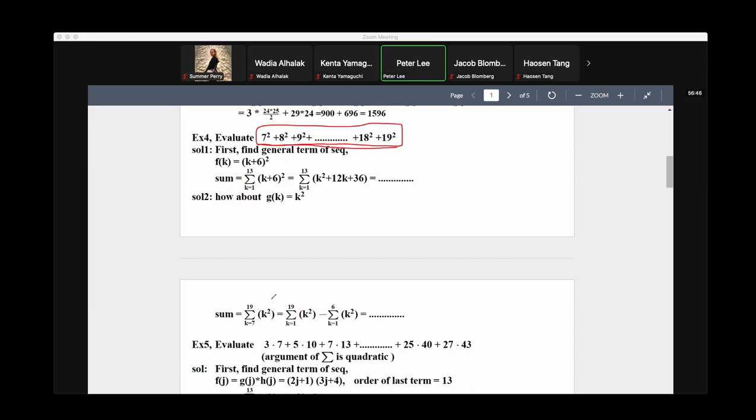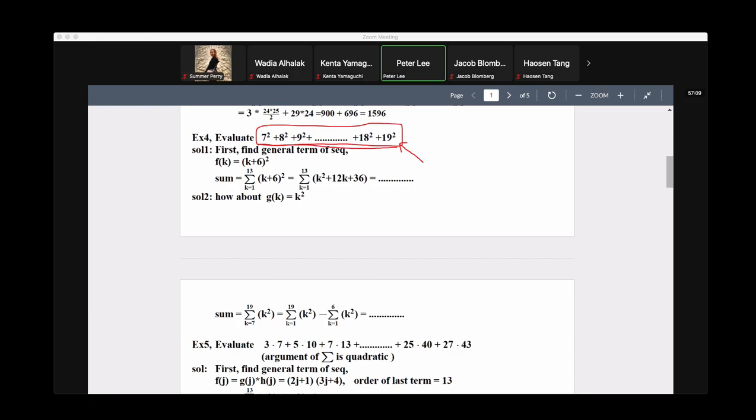If I give you this very problem, 7 squared plus 8 squared all the way to 19 squared, and you have to add all these numbers, what method do you think students will apply to actually get this sum? They will actually go from 7 squared to 19 squared and then add them up.